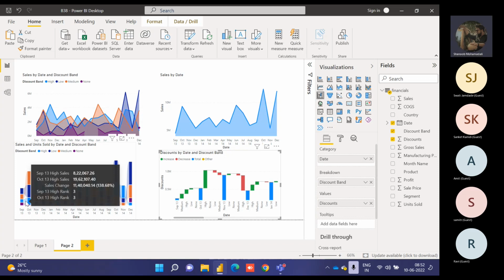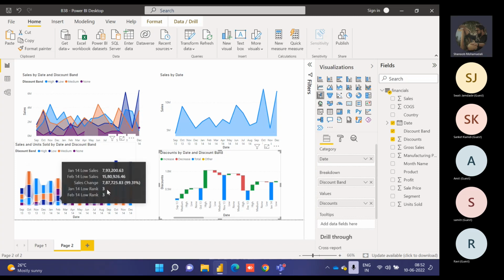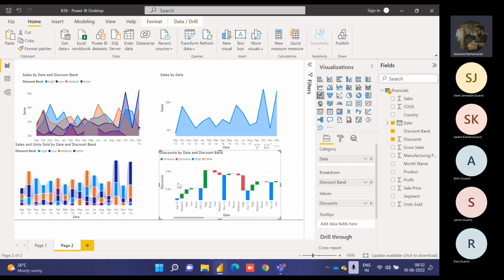So the difference between the two is that the ribbon chart compares the previous and the current, and your waterfall chart compares the current and the next.